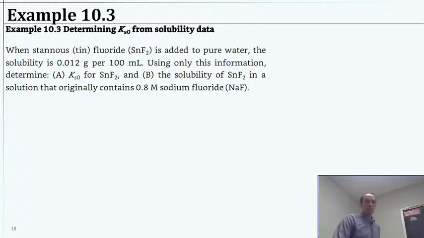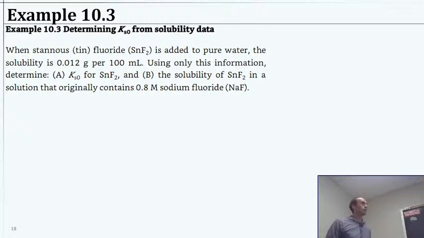Okay, so we can take a look at an example here, and I think this will be the last piece for today. So we have an example that says when we take stannous tin fluoride, so tin fluoride, SnF2, it's added to pure water, the solubility is 0.012 grams per 100 milliliters.